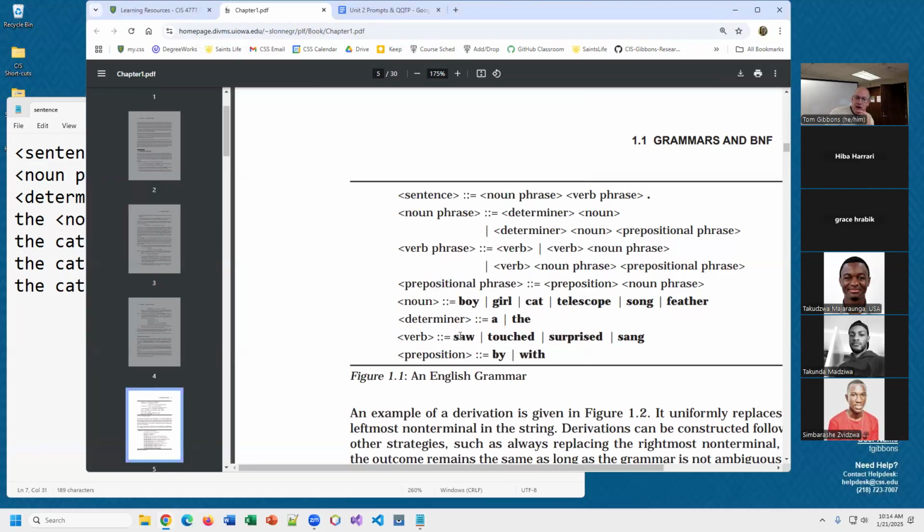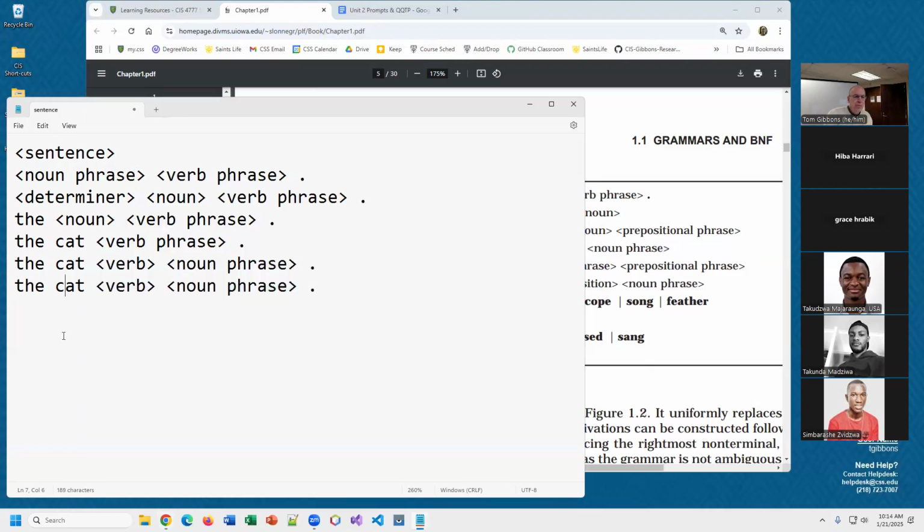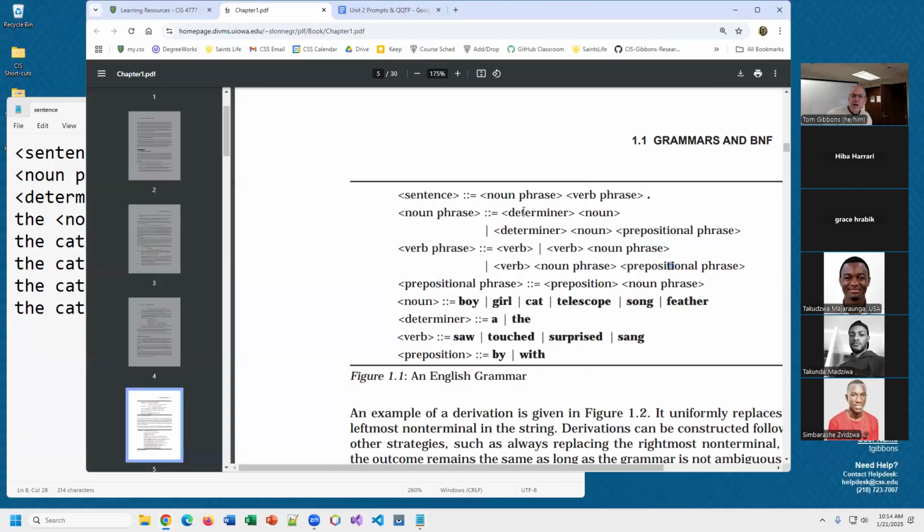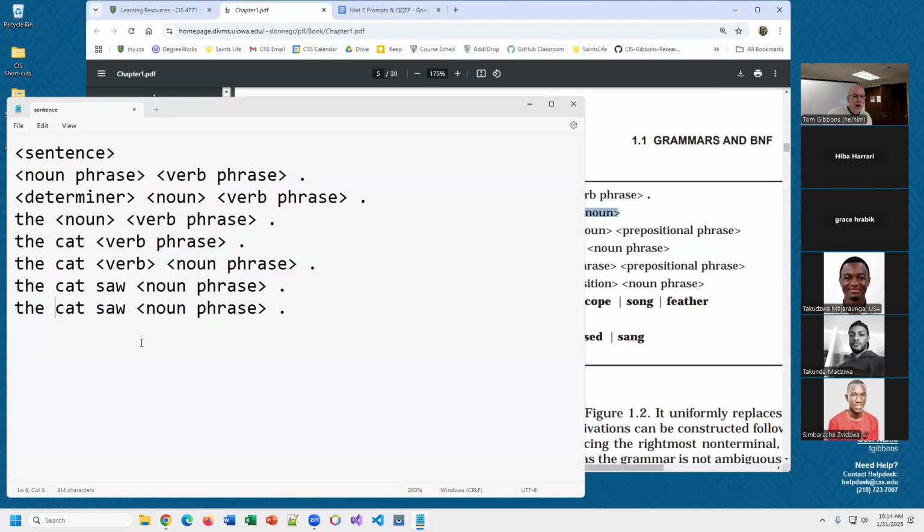Those are what we call terminal things: saw, touch, surprise, sang. Let's do saw for our verb. So we have the cat saw, and then we need a noun phrase. We know our noun phrase is a determiner and a noun, so we substitute that in here.